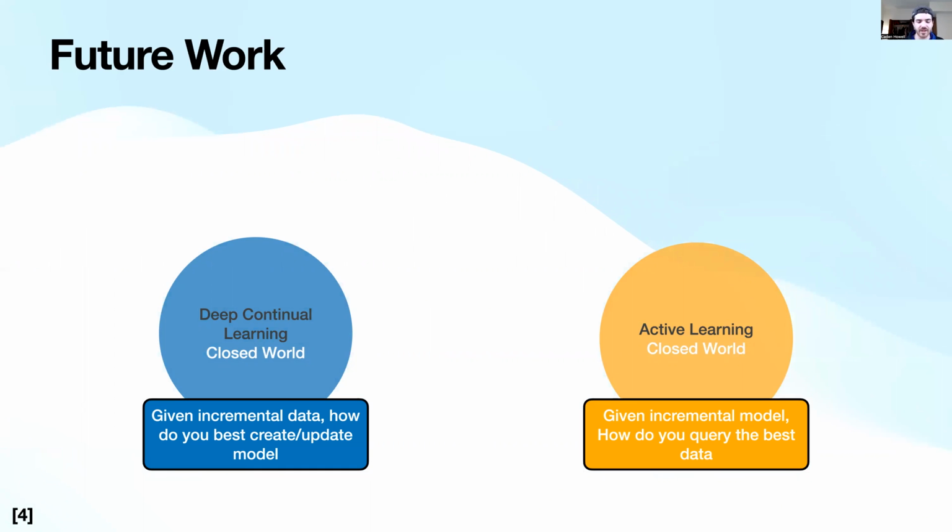And what is active learning? If continual learning asks, given some incremental data, how do we choose the best model, or how do we update the best model, active learning asks the flip side of the question: given some model, what's the best data we can query for it?